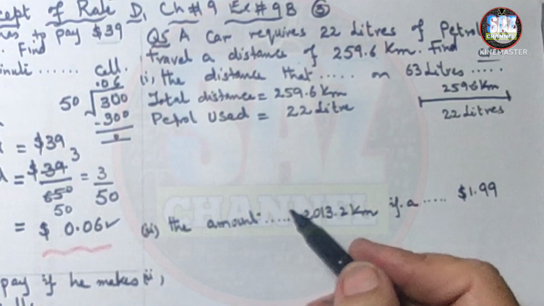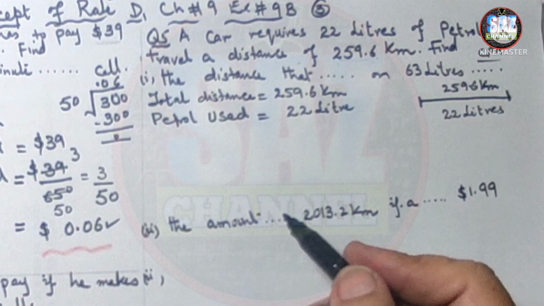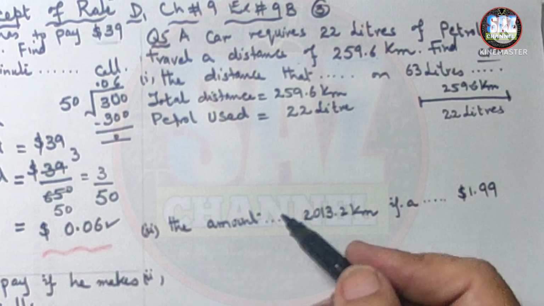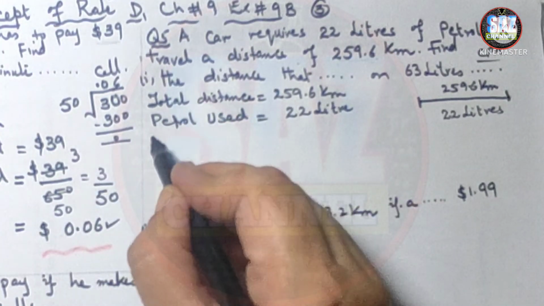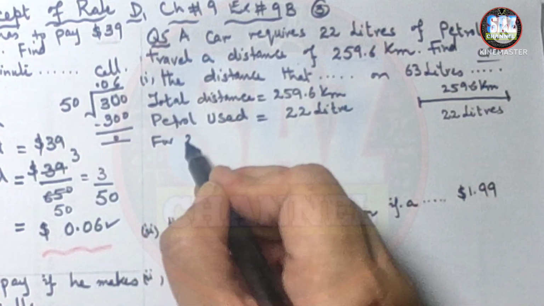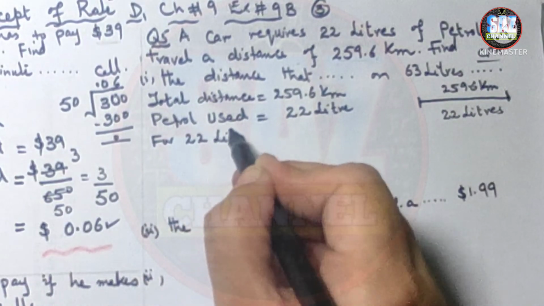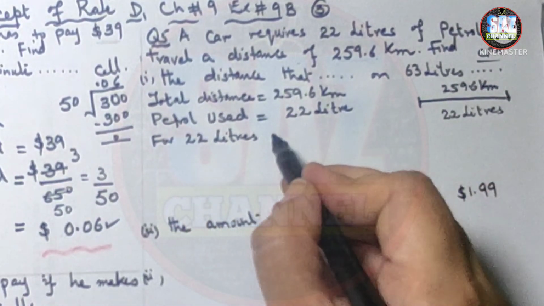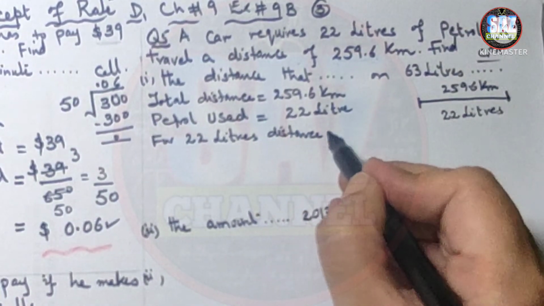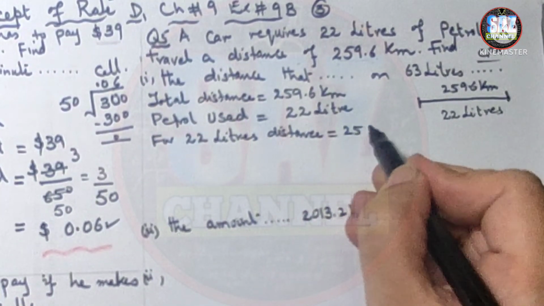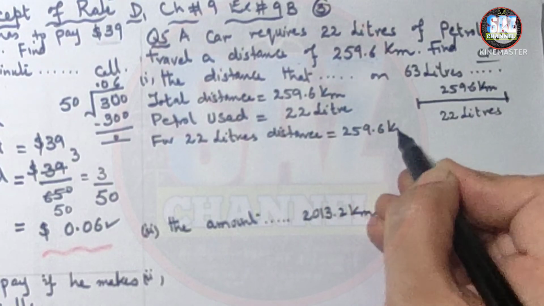Okay, now what we have to do is find how much distance we are covering with 1 liter. For 22 liters, distance is 259.6 kilometers.